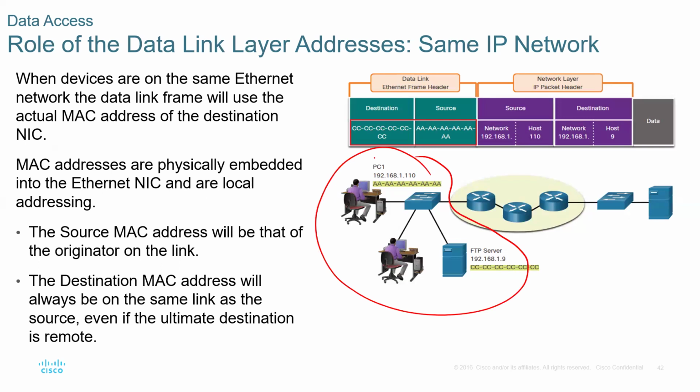If I want to send information from this PC to this server or this other PC, I can communicate using MAC addresses because I'm in the local area network. However, to communicate with a really remote server, that is where layer 3 addresses take over. Locally, the MAC address is okay. Remotely, layer 3 addresses take over.